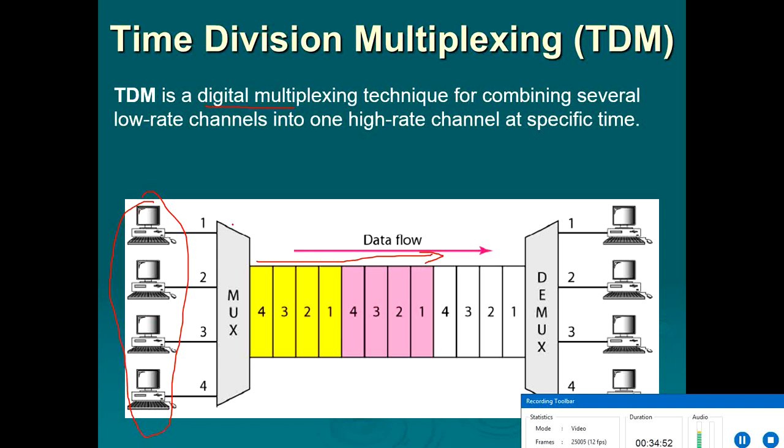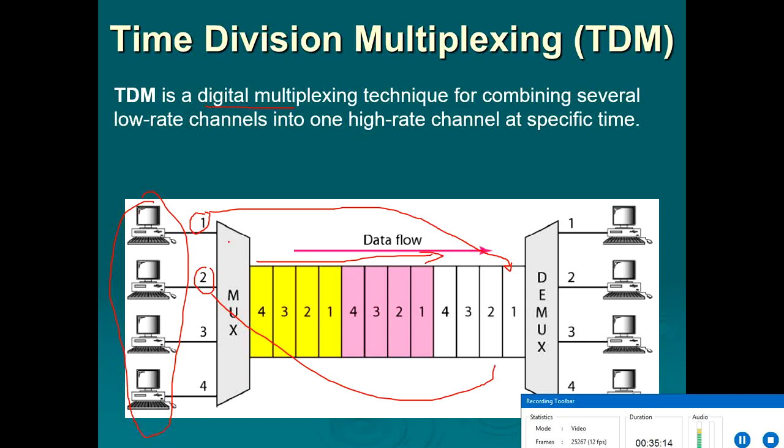So how is it shared according to time? For example, user 1 will be allocated time to send its frame. Suppose it has 1 frame to send, it sends that frame. Then user 2 is given the time and sends its frame, then user 3 sends its frame, and then user 4 sends its frame.